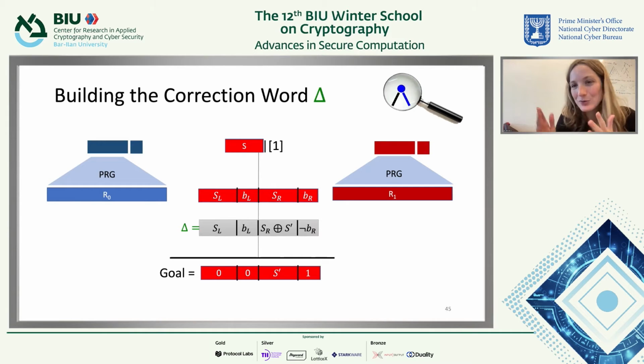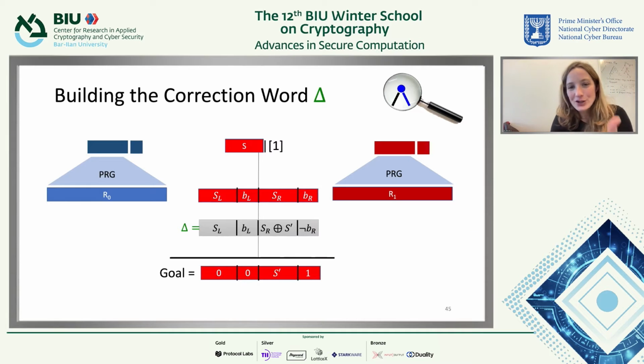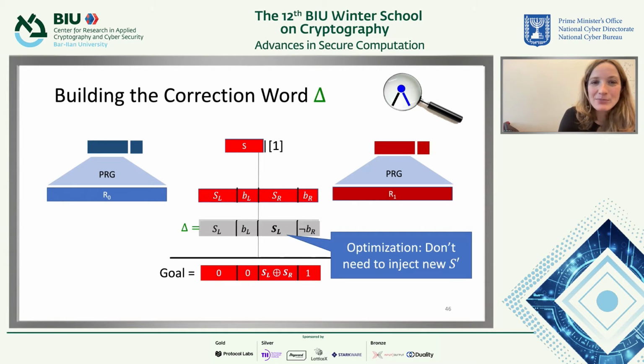This construction, I mean, I haven't shown you the full construction yet. This will yield a solution, but there's actually a point of optimization here, where you don't actually need a fresh new S prime each time, but actually you can reuse a piece of this delta. If I use the same SL on both sides, I'm choosing the SL. I need this to be exactly SL over here to cancel this out and get us to 0.